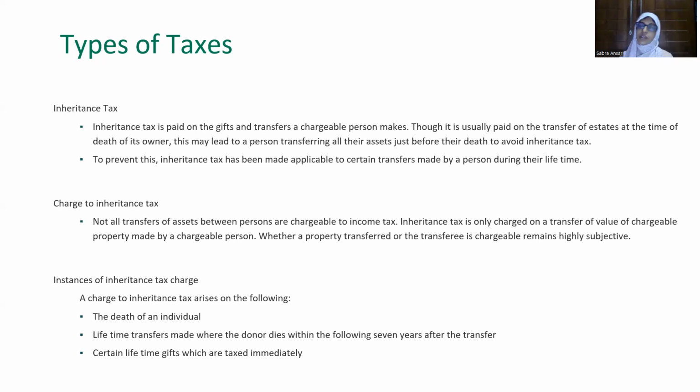So 7 years are being used in order to understand whether the person did the transfer of assets because he knew it would avoid the inheritance tax. Certain lifetime gifts which are taxed immediately are also instances of inheritance tax charge.